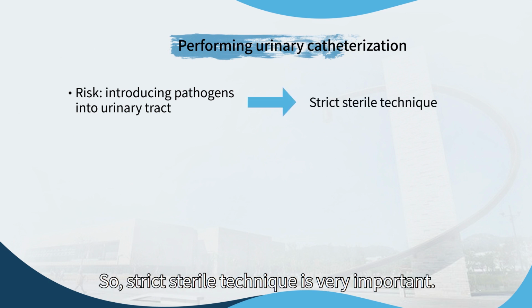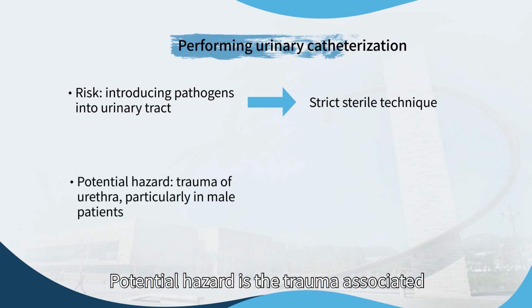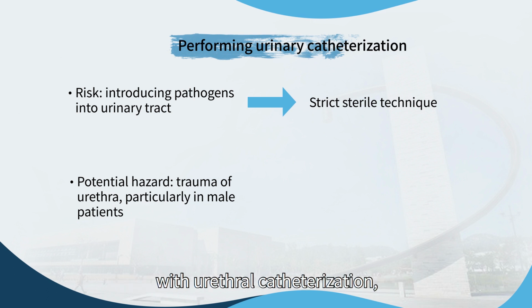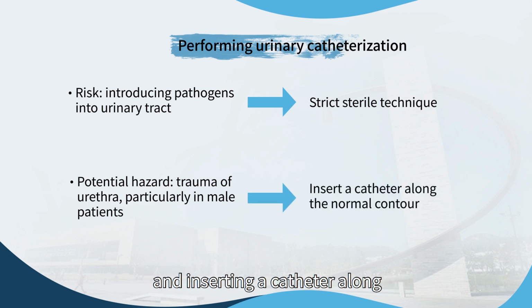So, strict sterile technique is very important. Potential hazard is the trauma associated with urethral catheterization, particularly in the male patients. They have longer and more tortuous urethra, and inserting a catheter along its normal contour is essential.